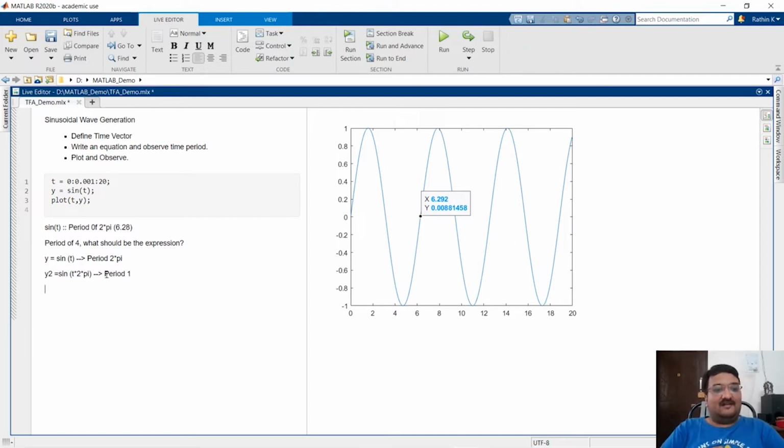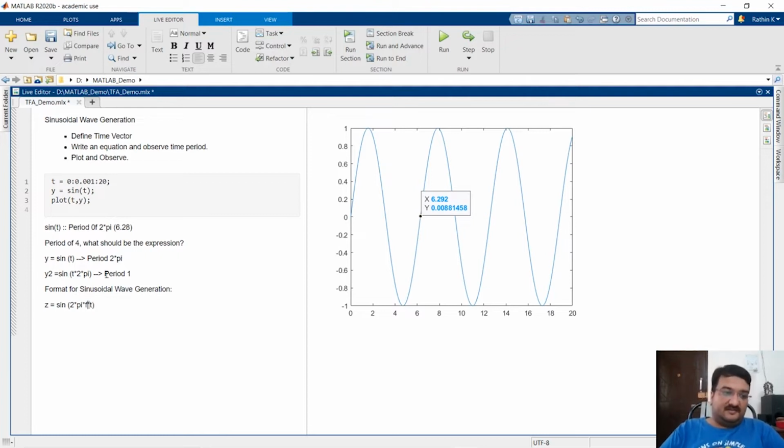In other words, the format for sinusoidal wave generation, which most of you know, we write without completely understanding why it is like this. Suppose we name the signal as Z. I'll keep the time vector as it is, but the formation is 2 pi f into your time vector.